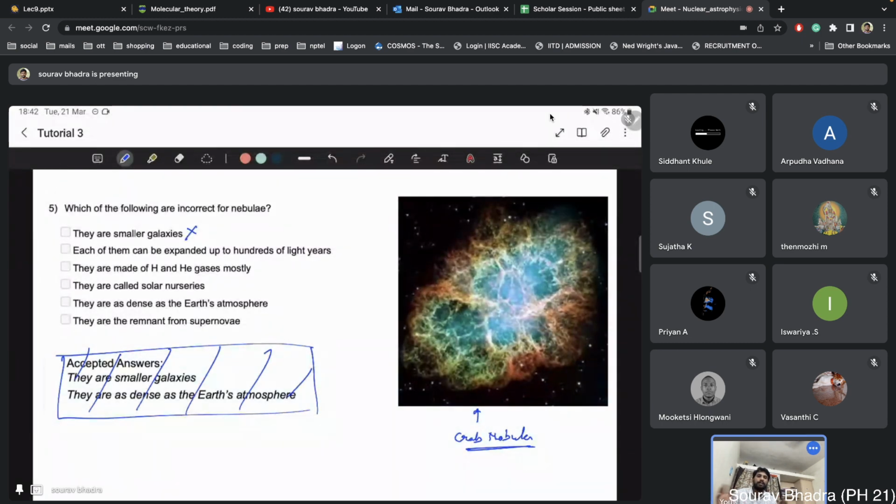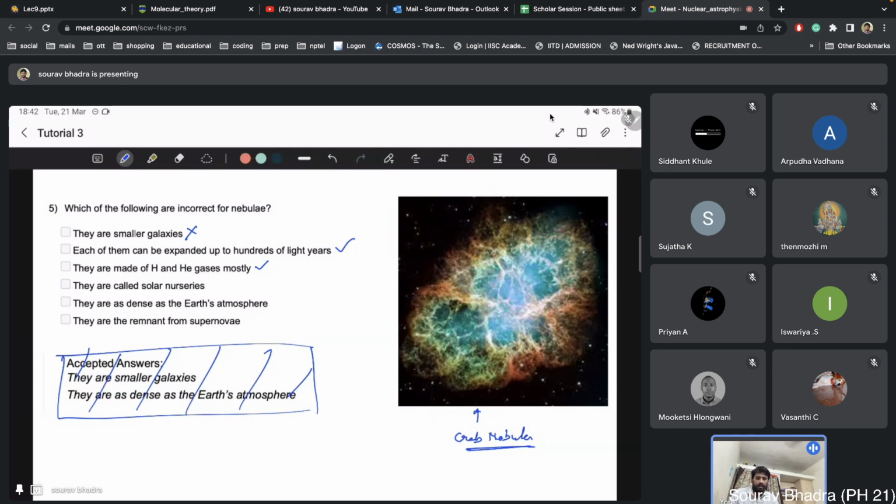It is a diffuse cloud of gas. Each of them can expand up to hundreds of light years. That is right. As it is a diffuse cloud, the radius can be very high. They are made of H and He gas mostly, because all the astrophysical objects are mainly made of hydrogen and helium. It is acceptable.